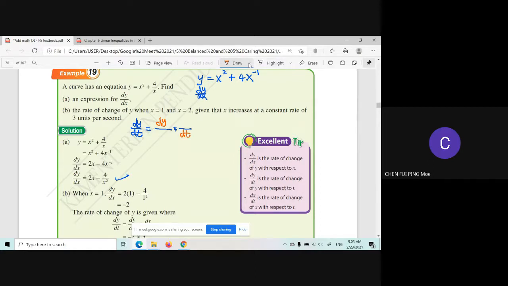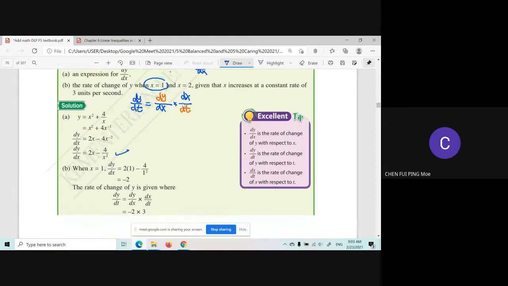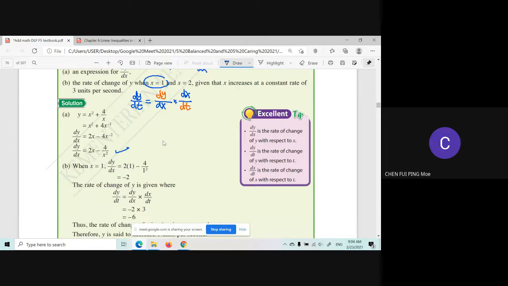So the remaining is what? They say when x equals 1, given that x, meaning that the other is dx, depends on the question. Then dy dx, already have it here, right? So when x equals 1, you just substitute x equals 1.